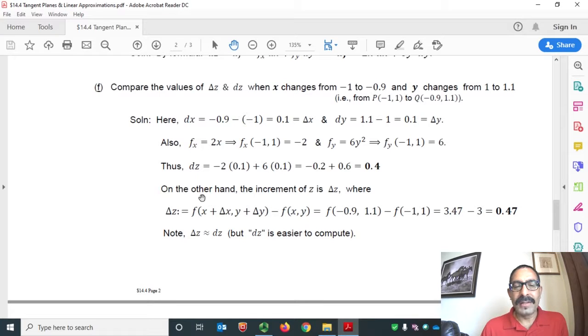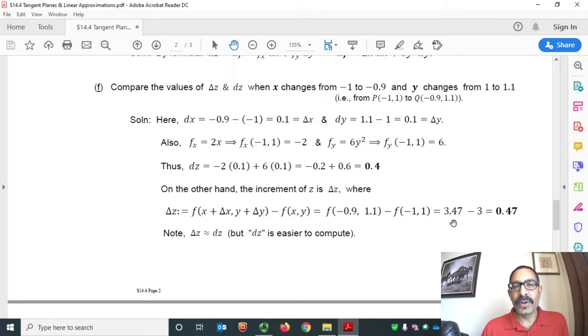Now, on the other hand, the increment of g is delta z. So delta z equals f of x plus delta x, y plus delta y, minus f of x, y, which is f at Q minus f at P. So f at minus 0.9, 1.1 was 3.47, which we found earlier, and then minus f at minus 1, which turns out to be 3.